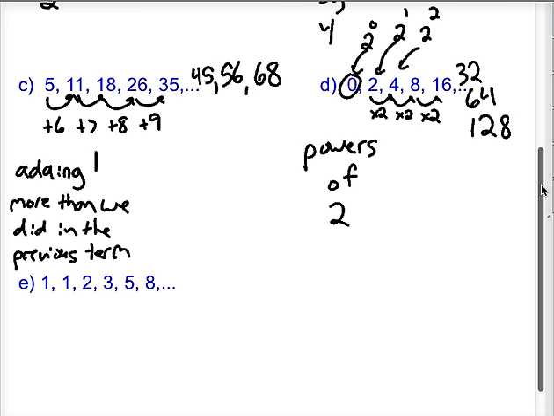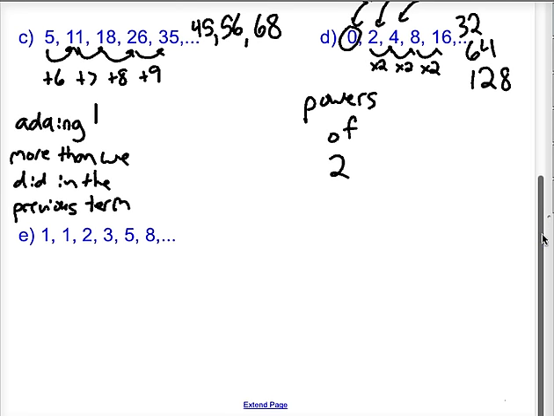All right, last one of this type. Now this is my favorite pattern. This one is a really interesting pattern to me. It's a little bit tricky to see at first, but I want you to notice something. 1 plus 2 gives me 3, right?